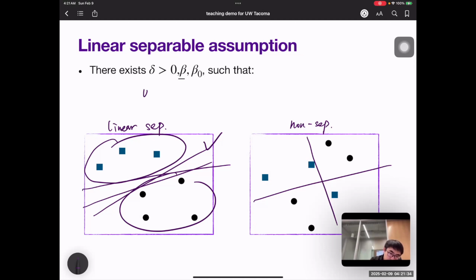So the criterion can look like this. If we have some beta and also beta naught, such that yi times the score is larger than 0 by a gap delta for all xi, yi, then we call this kind of data set linear separable, and the model will converge accordingly.